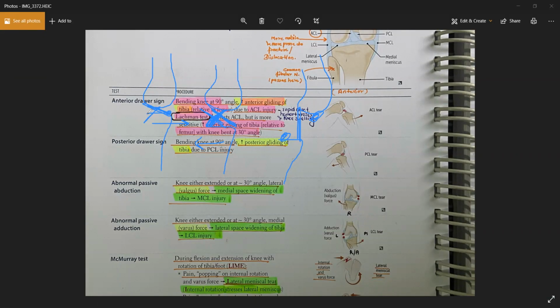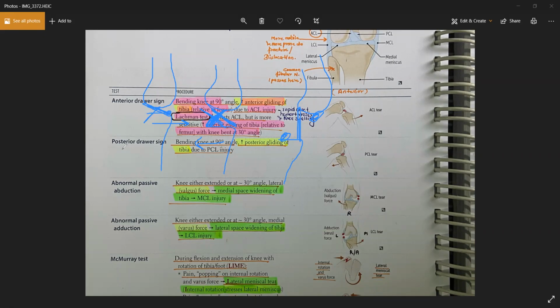Whenever I get damage to the ACL, I will get more anterior dislocation, and this is the anterior drawer sign. Whenever I get damage to my PCL, I will have a posterior dislocation of my tibia, and this is the posterior drawer sign. So please remember these drawer signs.